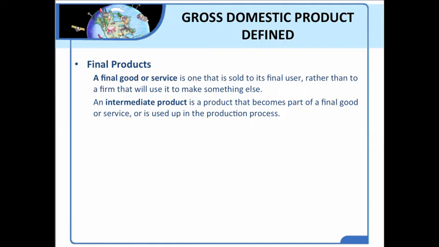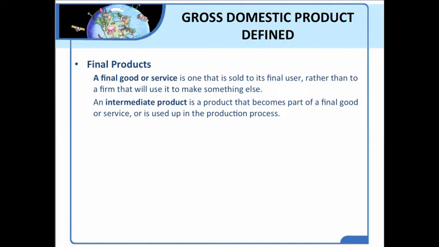Capital goods, however, such as buildings, machinery, tools, are not intermediate products because they do not become part of the final good and they are not used up in the production process. So when businesses purchase capital goods, we call those final goods. But if they use something that they purchase that is part of the final good that they sell to us, then it is an intermediate product.